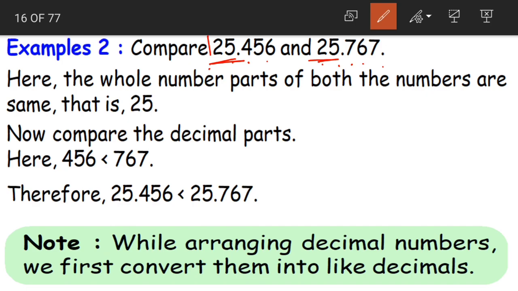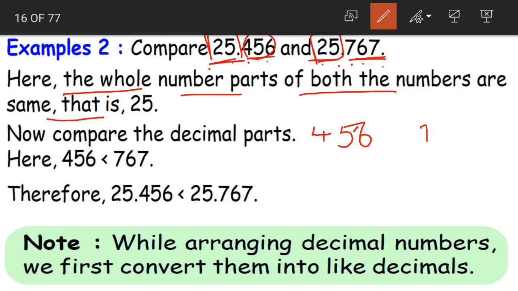Now here both the decimal numbers have the same whole number part, that is 25. So we will move on to compare the decimal parts. What are the decimal parts here? 456 and 767. Now when we compare, which is the greater number, children?